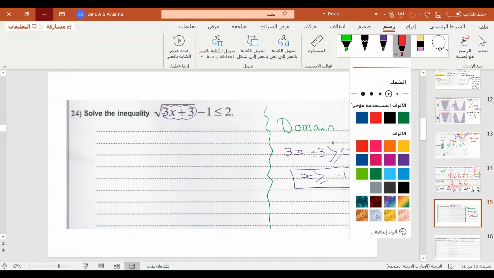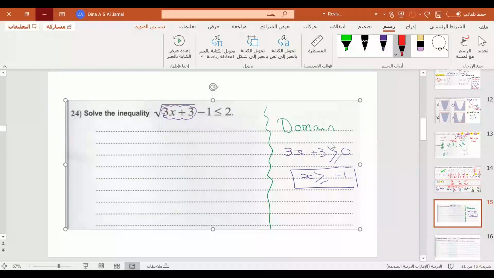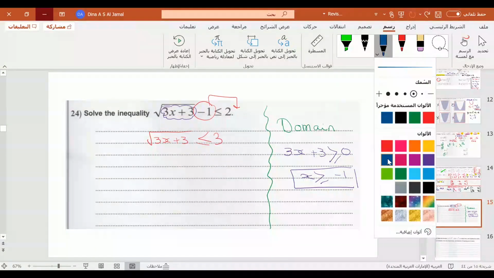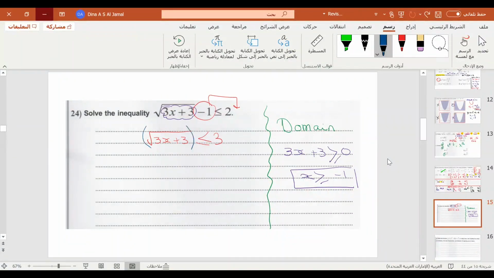And then let's go now and solve it. First of all, and first step, you need to move this to the other side. 3x plus 3 less than or equal 2 plus 1, 3. Now, what you need to do is that whenever you are having square root, to cancel it, just square. 3x plus 3, so with this, you will be having less than or equal 9.